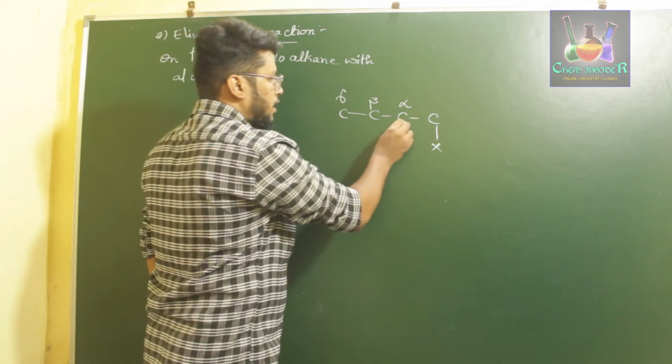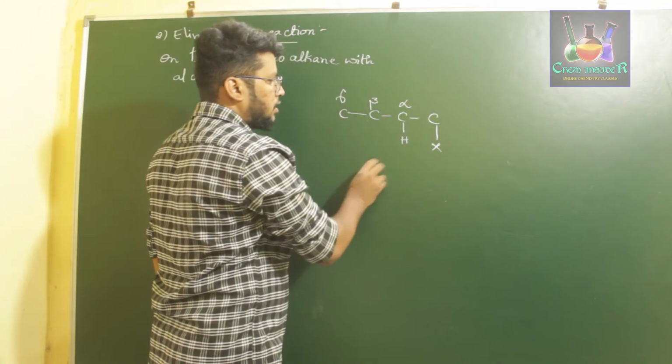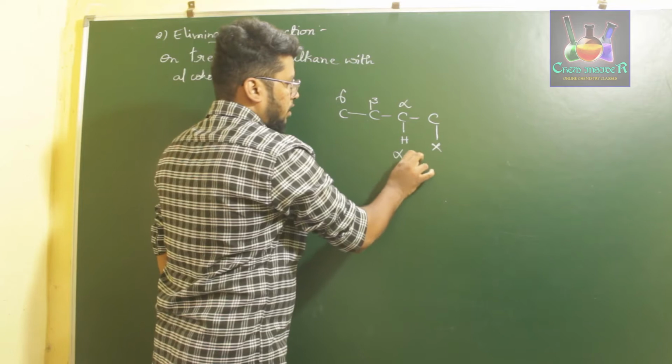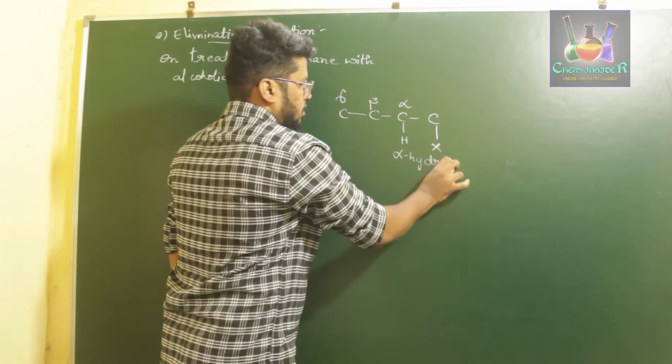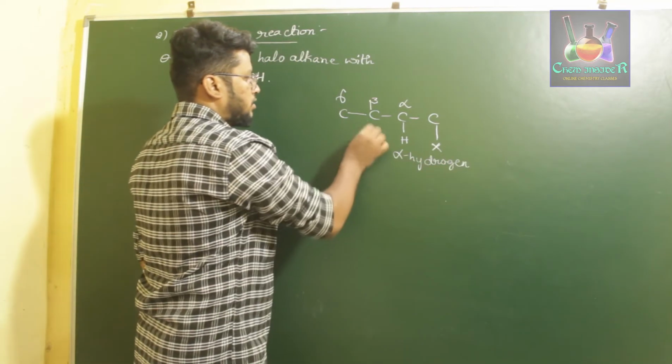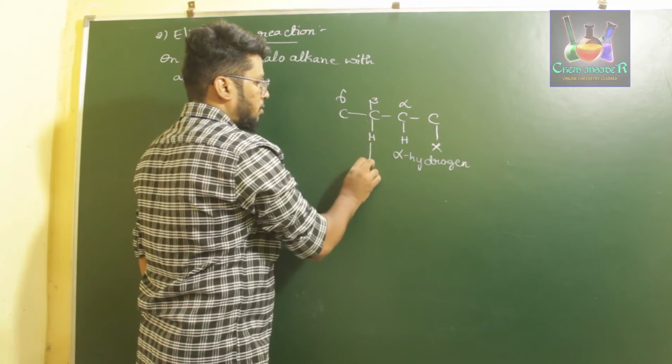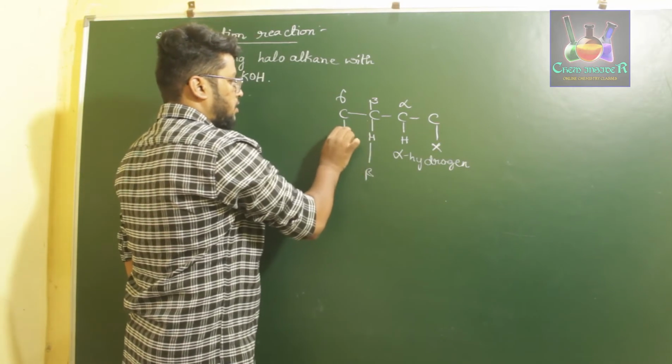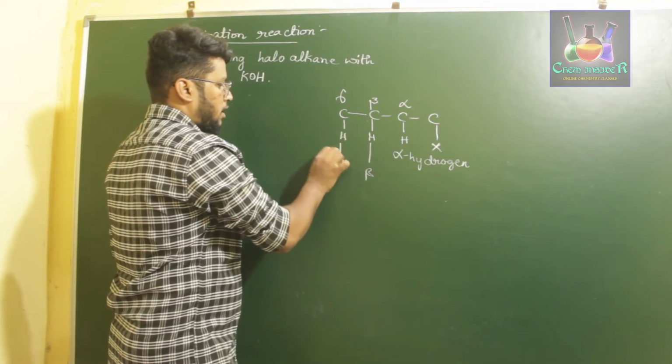If there is hydrogen attached to the alpha carbon, then this hydrogen is called alpha hydrogen. Hydrogen on the beta carbon is called beta hydrogen. Hydrogen on the gamma carbon is called gamma hydrogen.